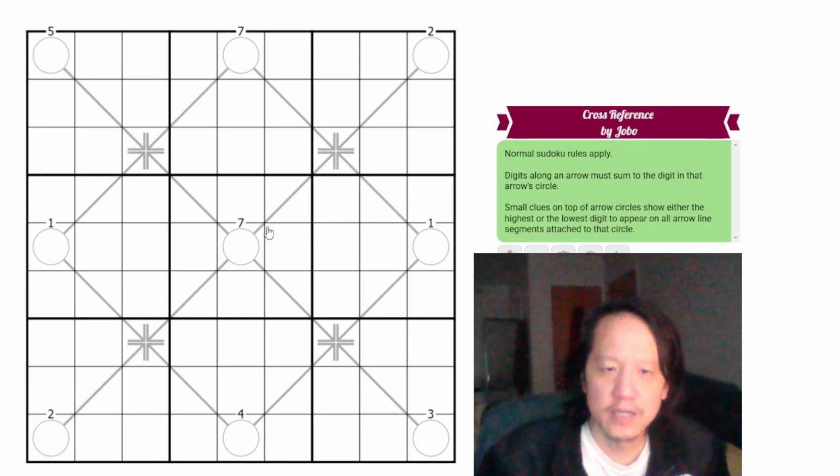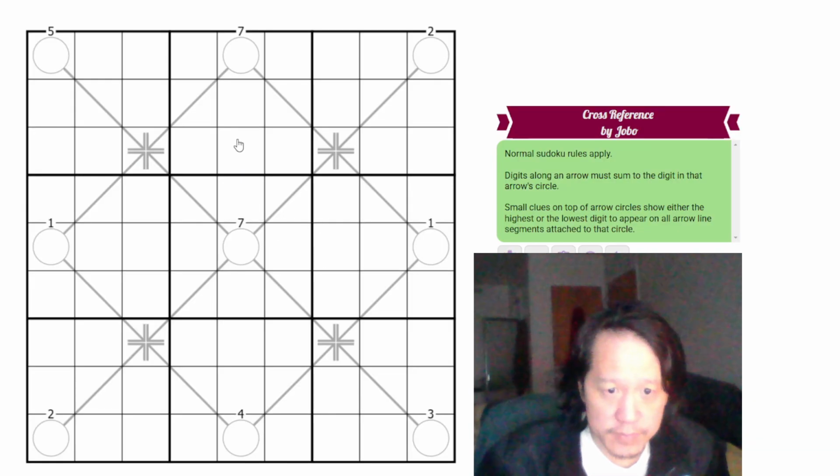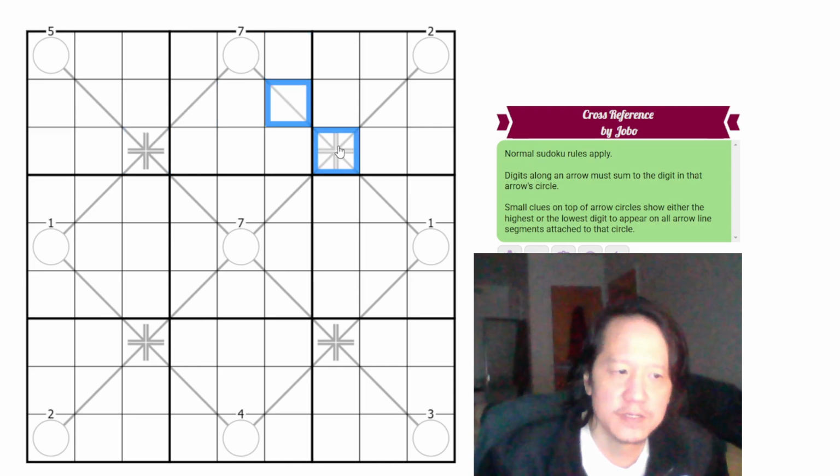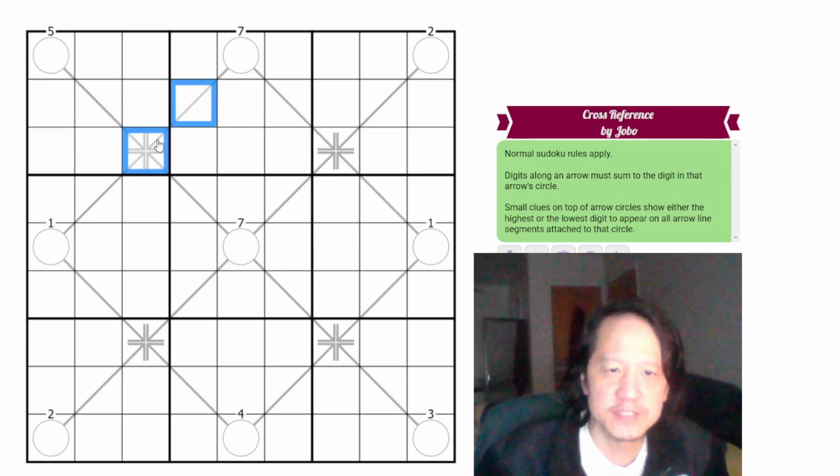Let's go. Okay. So this says that there's a 7 along one of these segments. And it says that it's the highest it can be, because you can't have 7 be the lowest.